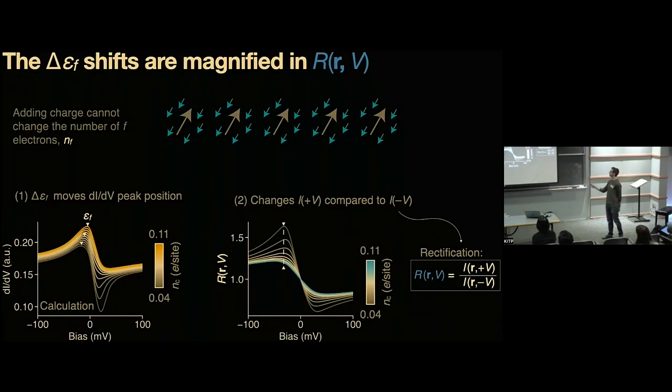Now, in practice, this is a much easier thing to measure experimentally. And so I just want to tell you the logic of why I'm looking at this quantity. These amplitude variations track the energy position of this peak, which in turn tracks the local charge. That's our argument.